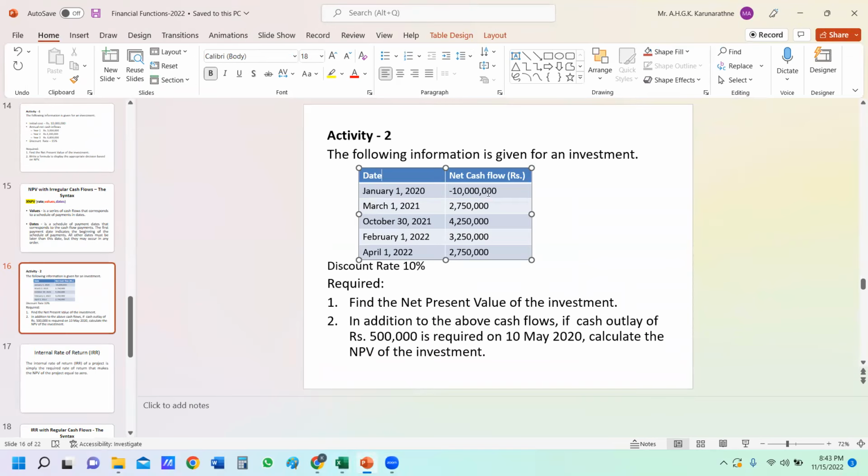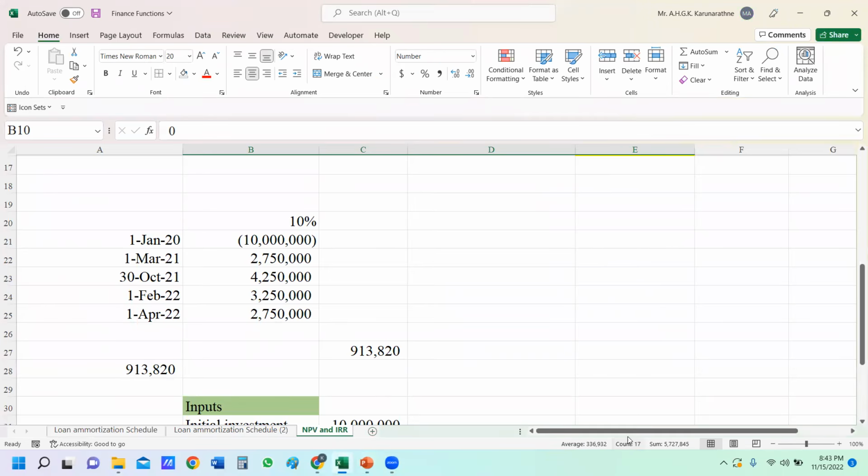Yes, 1 outflow, 4 inflows. And the discount rate or cost of capital is 10%. What is required? Find the net present value of the investment.